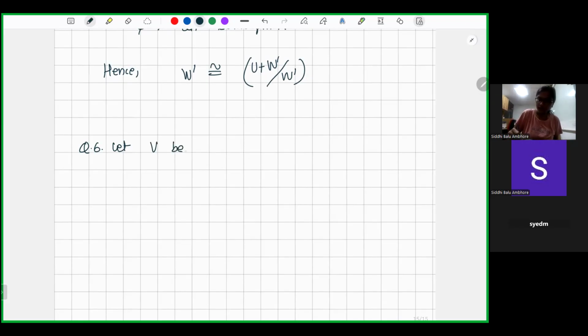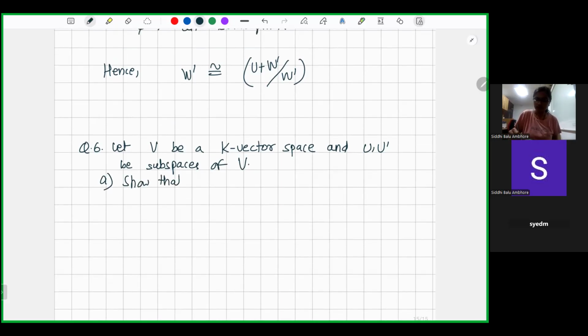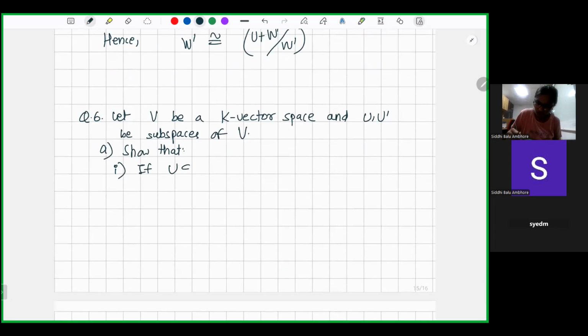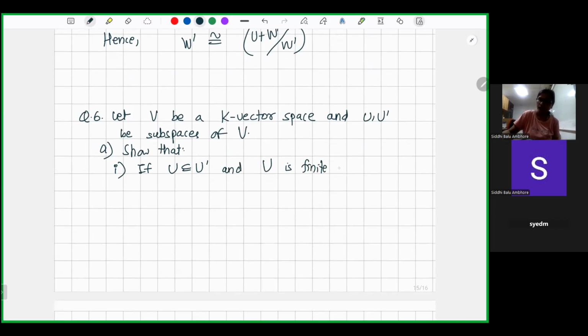Let V be a K vector space. Okay, and U comma U dash be subspaces of V. So we have to show that, first part, if U is contained in U dash and U is finite codimensional, then U dash is also finite codimensional.